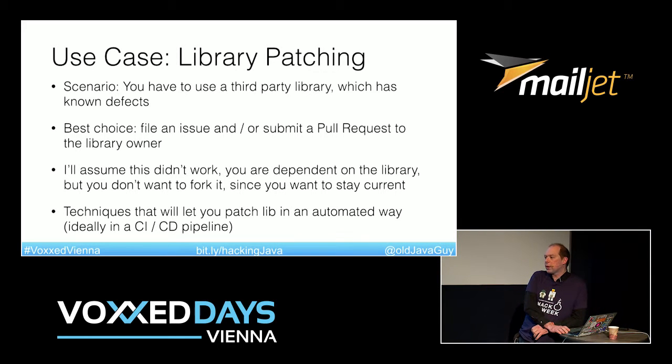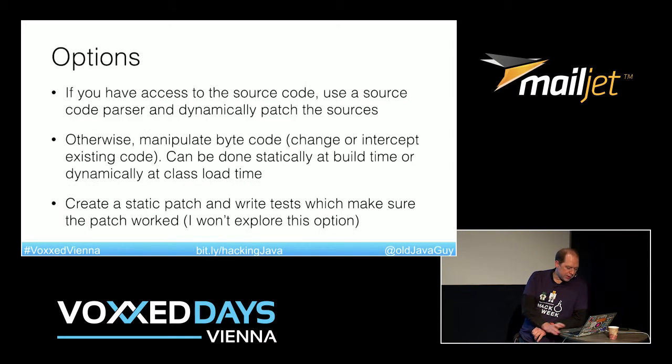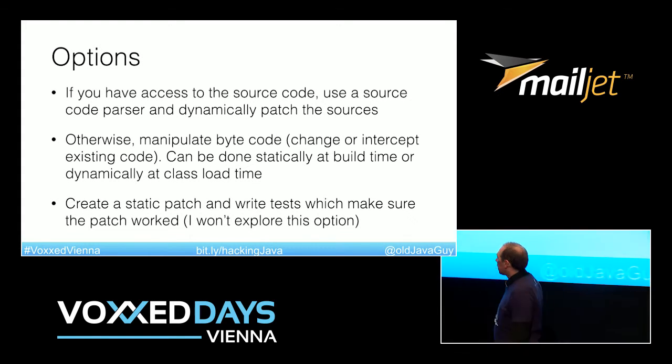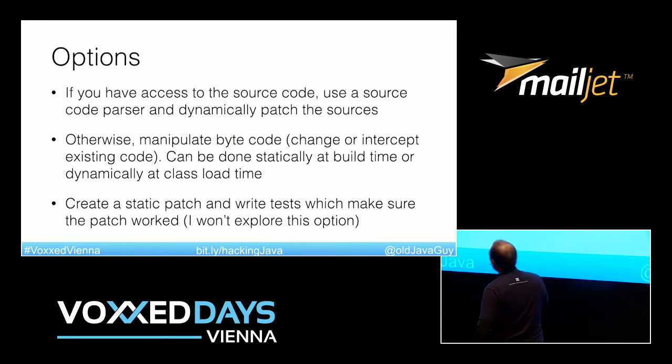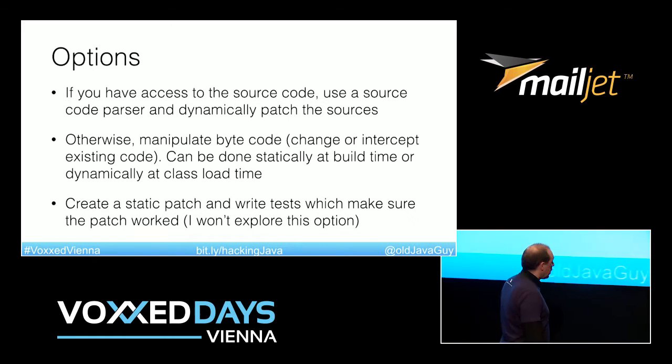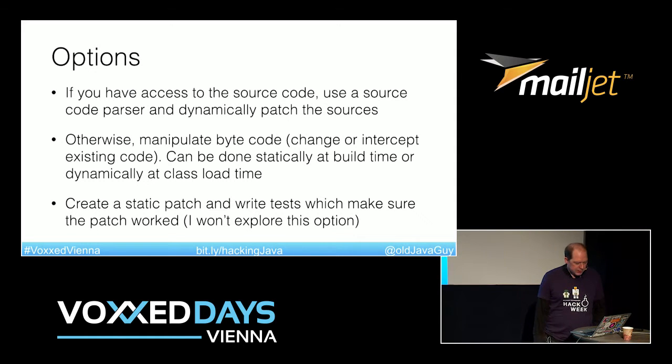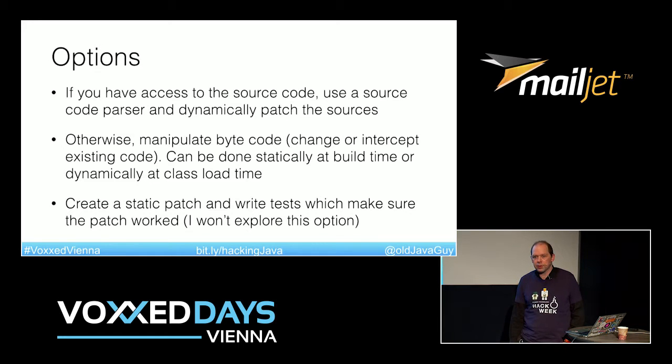And so here I'll be looking into two different ways of achieving this kind of functionality. Basically, you can either work on the source code or on the bytecode. So if you have access to the source code, then you should do it on the source code. But often you don't with legacy libraries, then you'll have to do it on the bytecode, and there's different ways of achieving that.